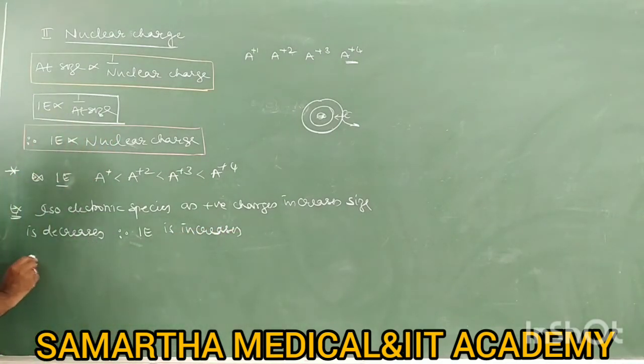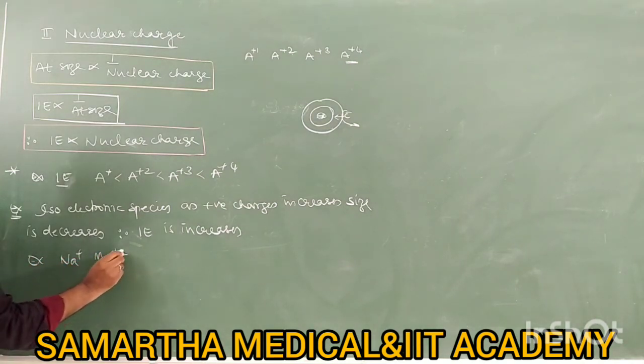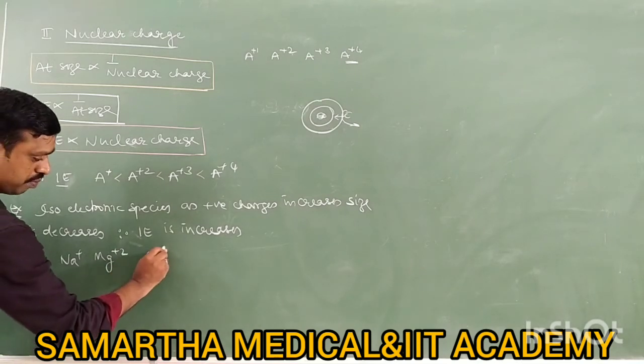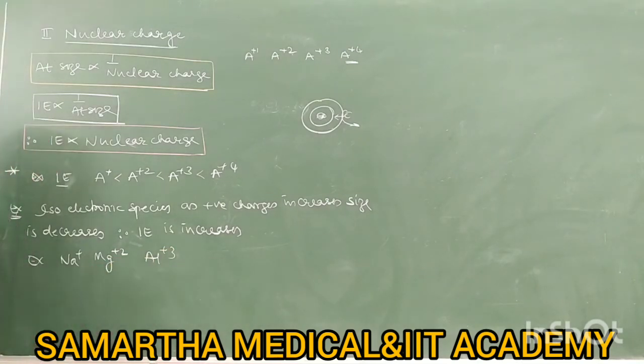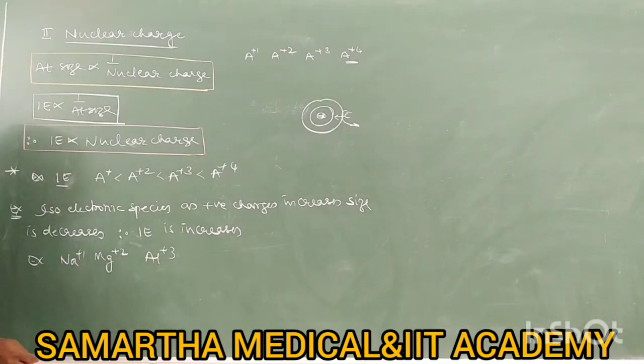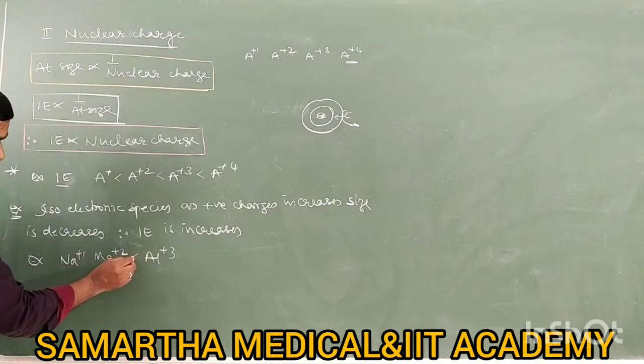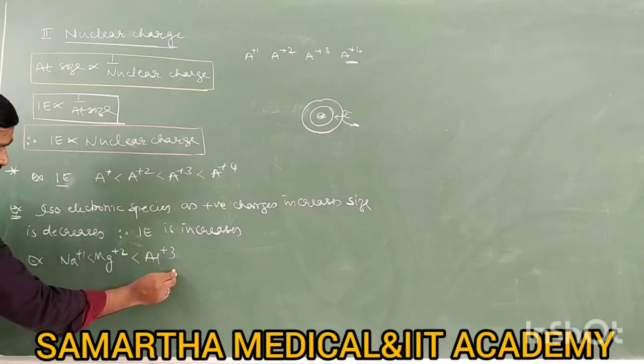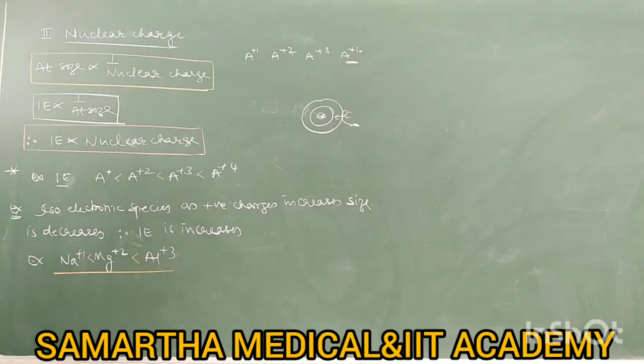For example, take sodium plus, magnesium plus 2, aluminum plus 3. These three are isoelectronic species; they have the same number of electrons. Their nuclear charge is increasing, plus 1, plus 2, plus 3. When the nuclear charge increases, ionization enthalpy must increase. So this is how ionization enthalpy is directly proportional to nuclear charge.